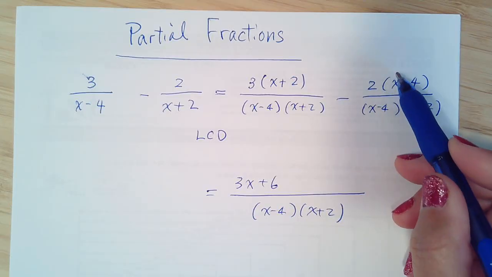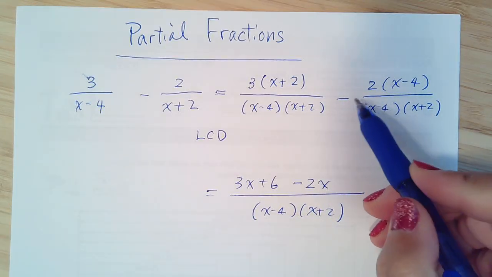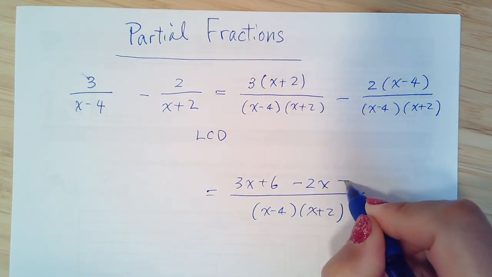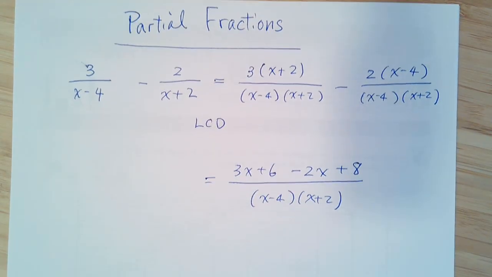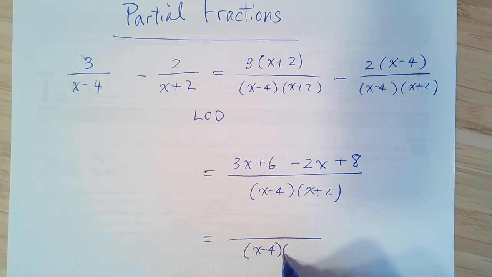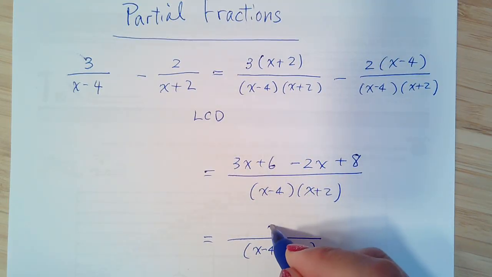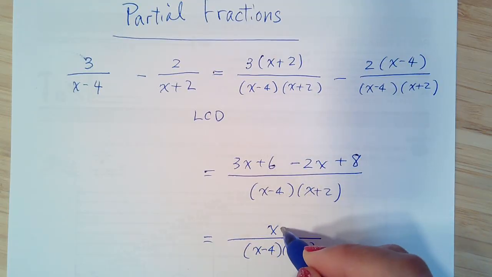And then minus 2x, and negative 2 times negative 4, so that's plus 8. Then one more step: the denominator is x minus 4 times x plus 2, and the numerator has 3x minus 2x, which is x, and 6 plus 8, which is 14.